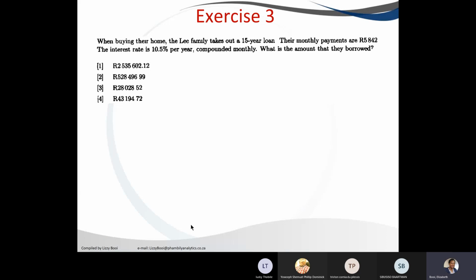Okay, so this one is easy also because they are borrowing and this is a loan, therefore it means we're calculating the present value of an annuity. So the steps should be easy. Second function CLR, clears your calculator from any stored memory.